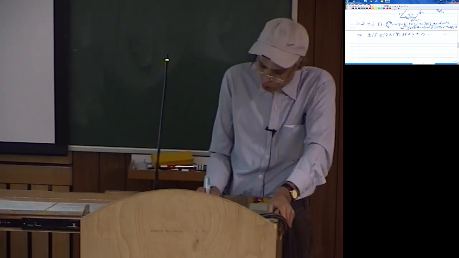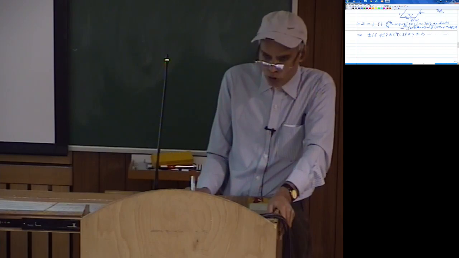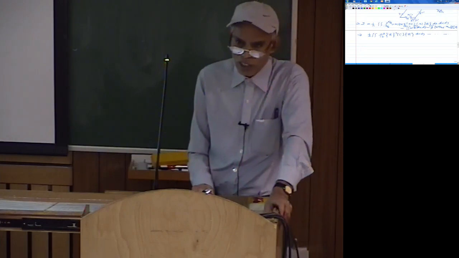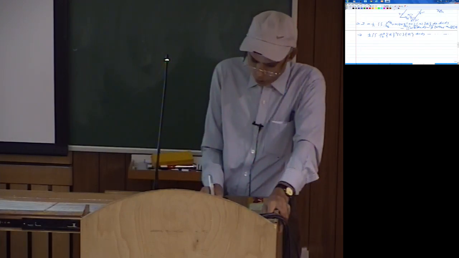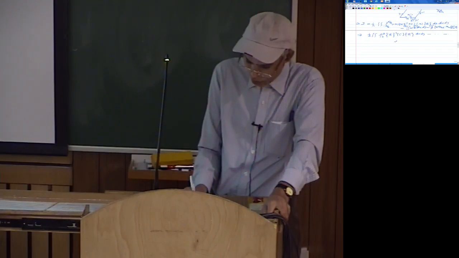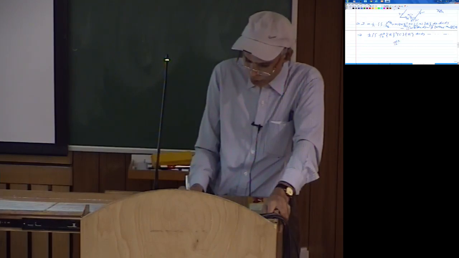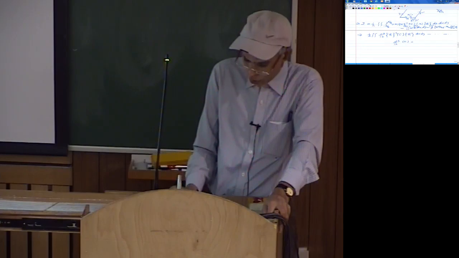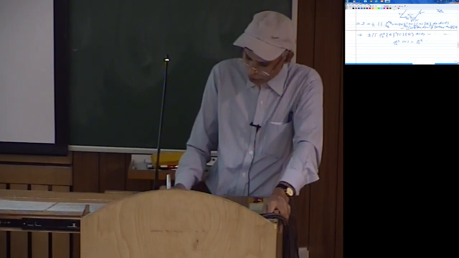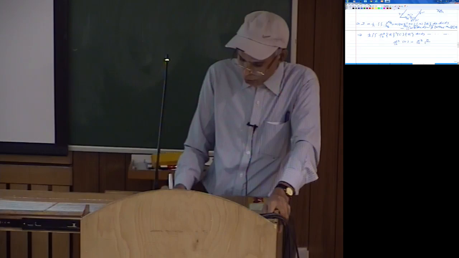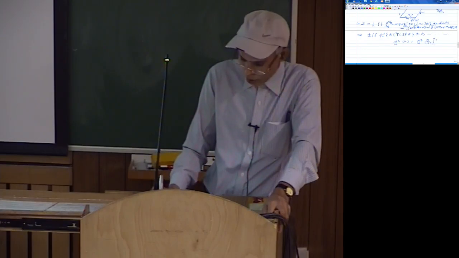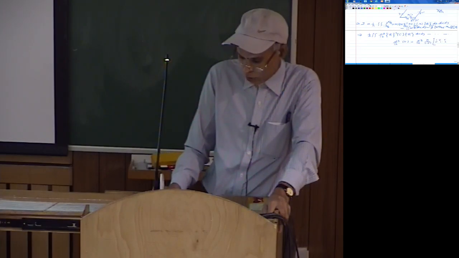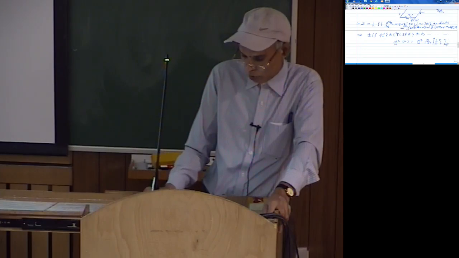What we then do is this h cube by 12 into C, we call it the bending stiffness coefficient matrix. C is nothing but E upon 1 minus nu square into the matrix 1 nu 0, nu 1 0, 0 0 (1 minus nu) by 2.